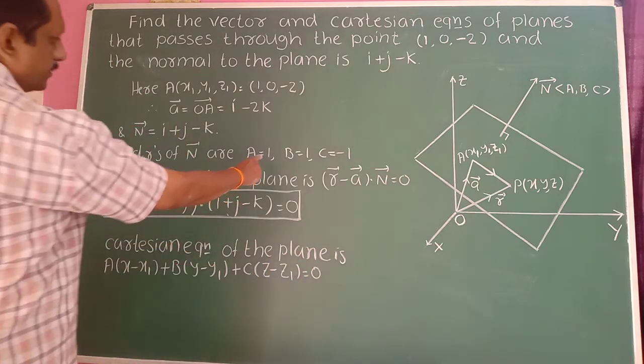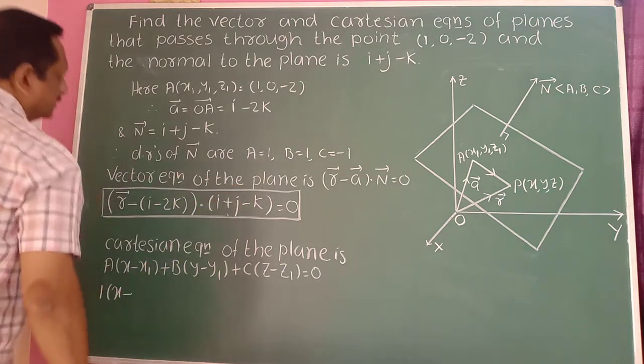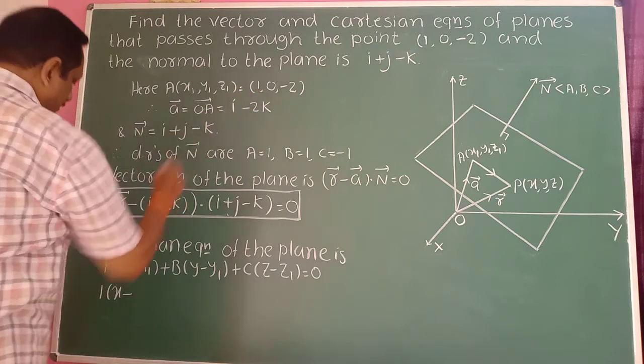Here a value is 1, so 1 into (x − x1), x1 is 1, so write 1.